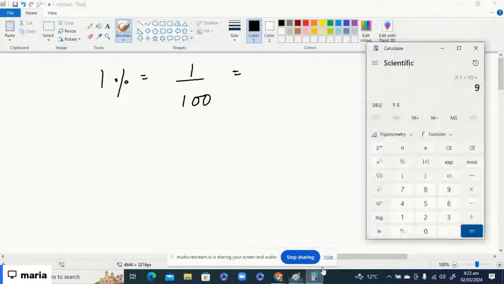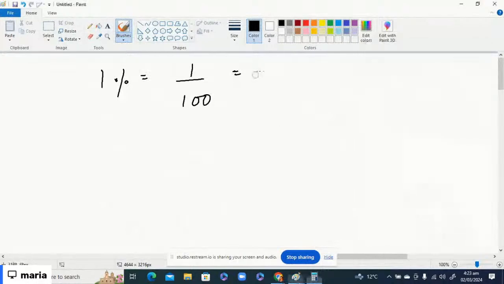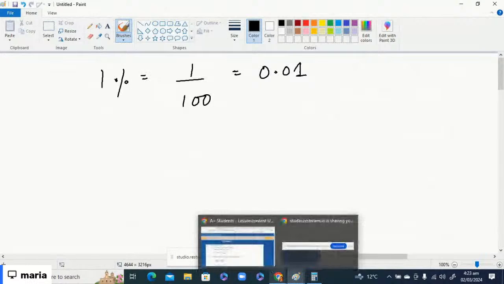And when you divide 1 by 100, you get 0.01. This is your 1%. In this way, we're going to find 2%, 3%, just dividing that number over 100.